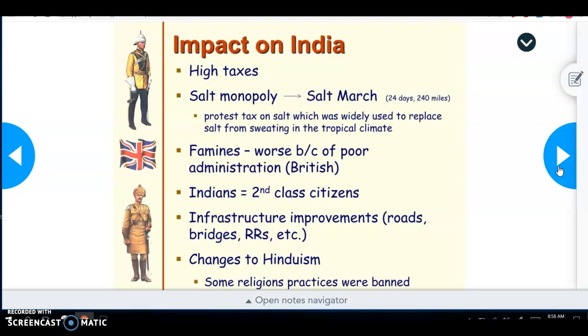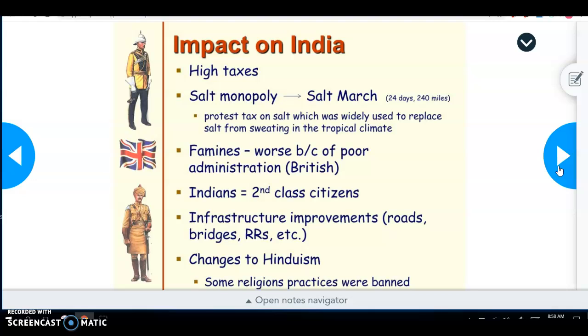So there's some protest movements that are going to come out in the early 19th century that are going to challenge that. There's going to be a lot of famines because the British really didn't rule the farmers and the landlords in India in a respectful and organized manner. And so that's going to cause inequality with food.